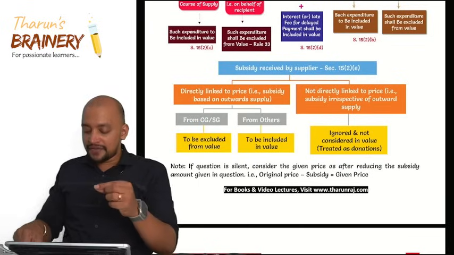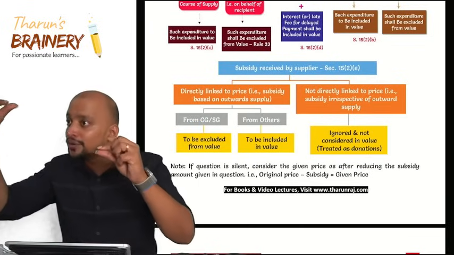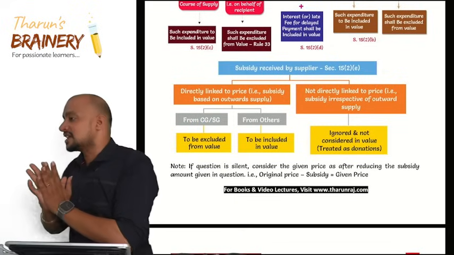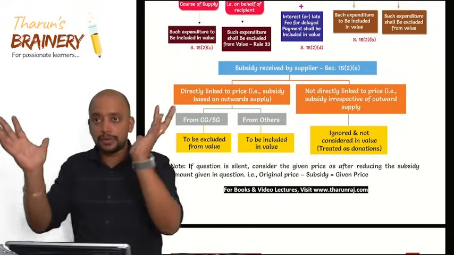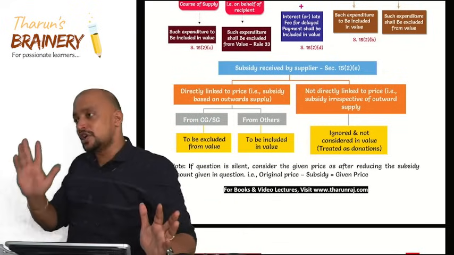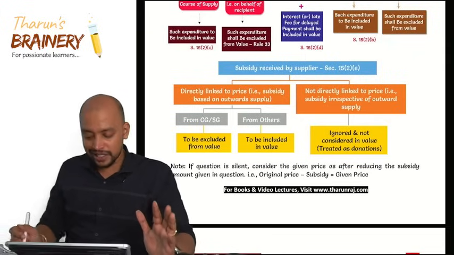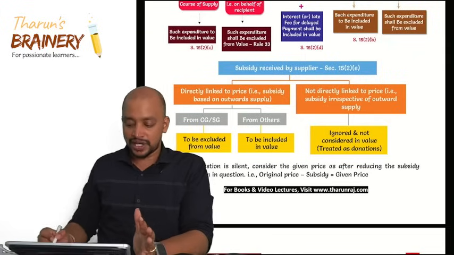So whenever the subsidy is given per unit or per service in the question, it is definitely directly linked to the price. Suppose a lump sum amount is given in the question, then it is not directly linked to the price.